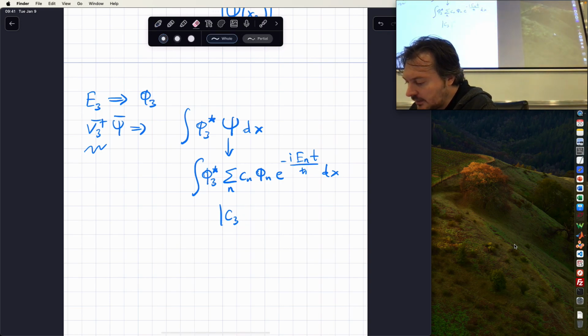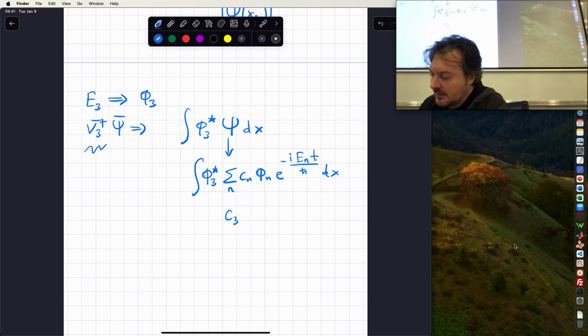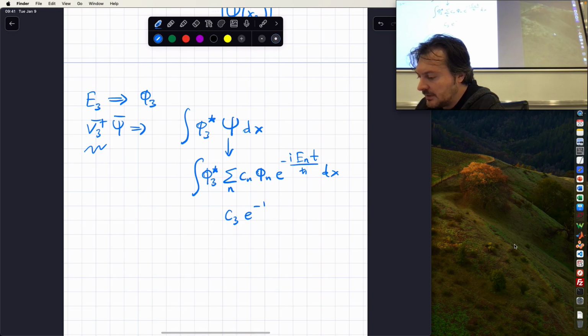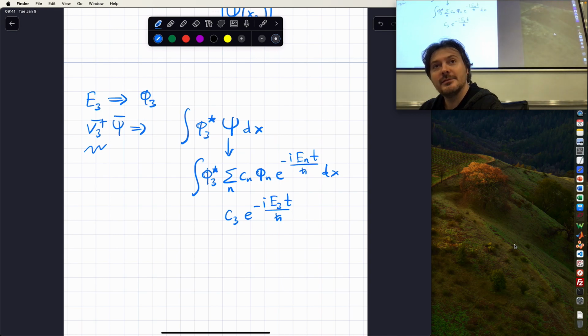What that brings out is C3 e to the minus i E3 t over h bar. The magnitude is C3 squared. But magnitude squared gets rid of the e to the i theta, whatever theta is.